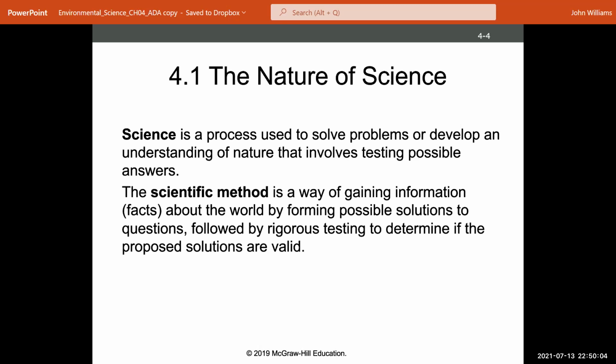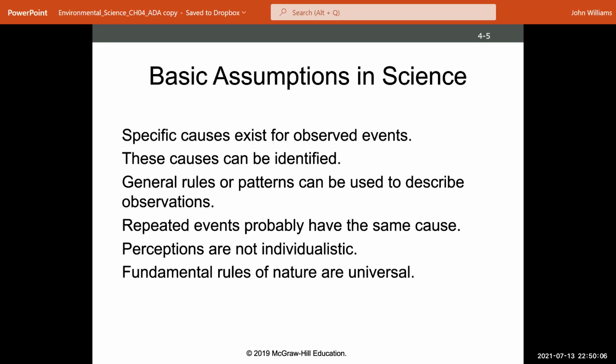And the scientific method has this specific outline and process that we need to follow in order to make sure that we're following the most rigorous standards that we can in the community.